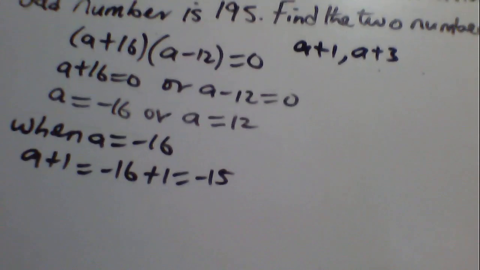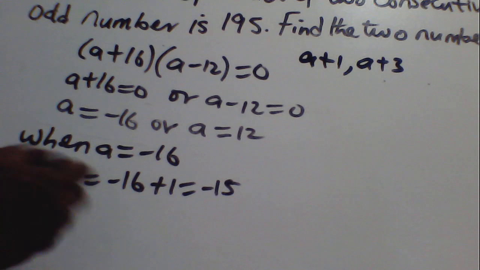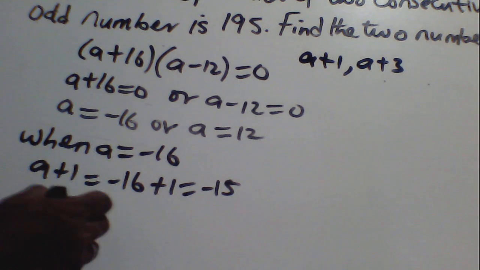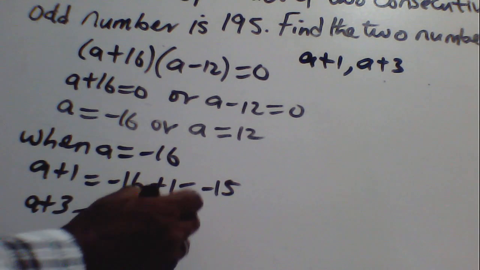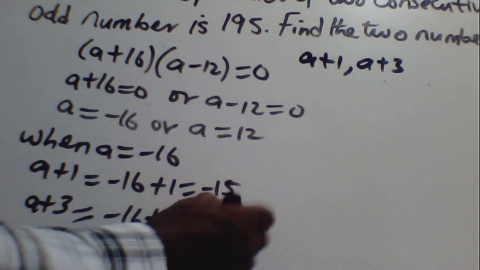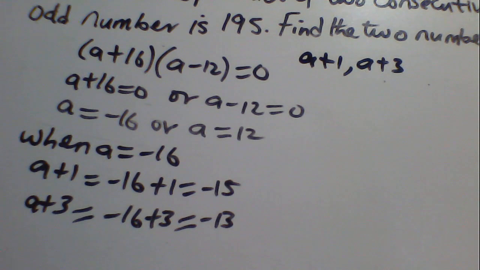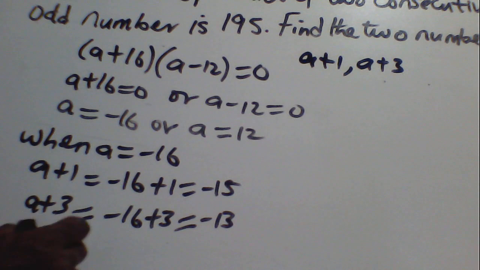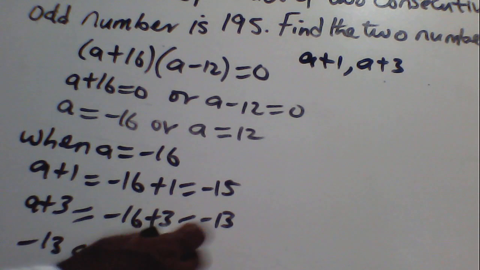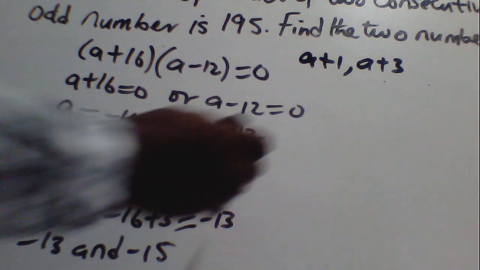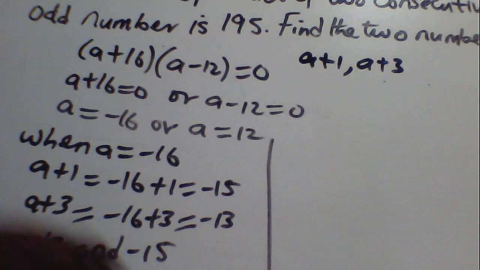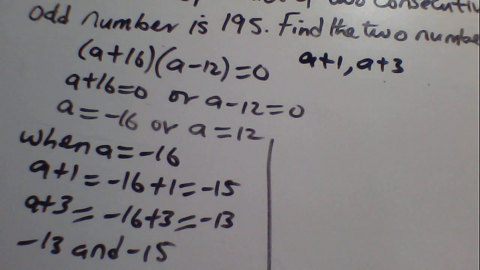And A plus 3, again we have minus 16 plus 3, and this will give us minus 13. So the two consecutive odd numbers are minus 13 and minus 15. For the negatives, if you multiply these two numbers, you will get 195.